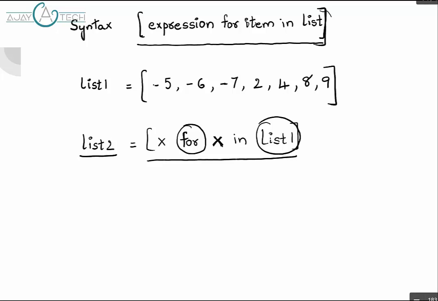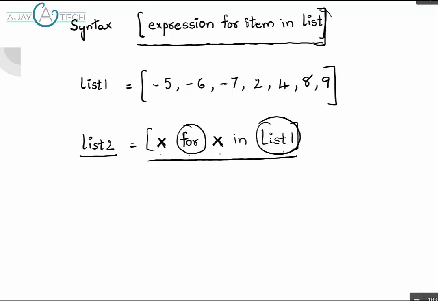The x here represents an output expression producing elements of the output list. So if you want to create an exact copy of list 1, this is the expression. So this means for every element in list 1, the element x is generated in list 2.